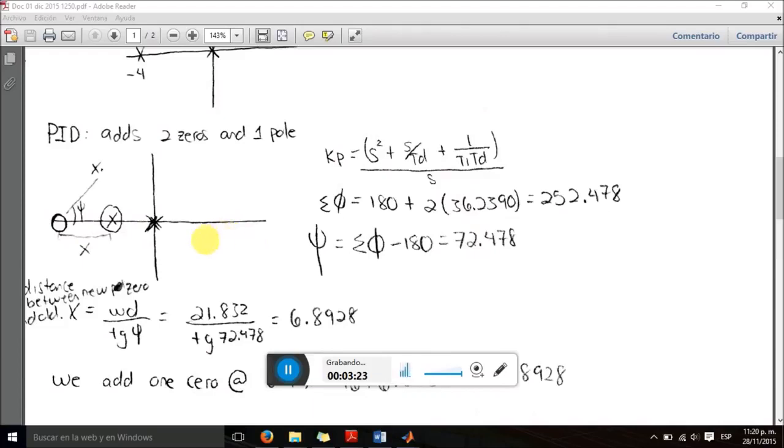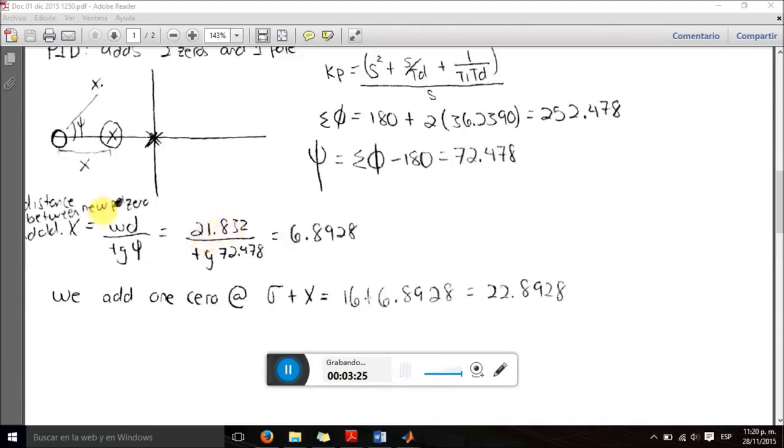So then we can calculate the distance between the overlap pole and 0 to the new 0 that we are adding. So that distance would be omega d over the tangent of the arrival angle that we calculated before. So we obtain this value of distance.